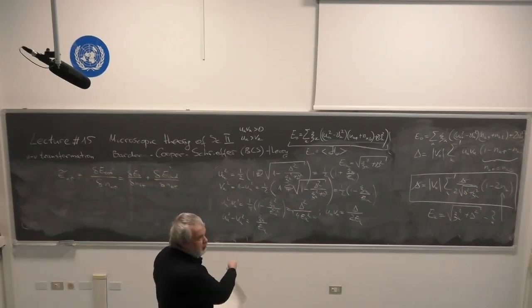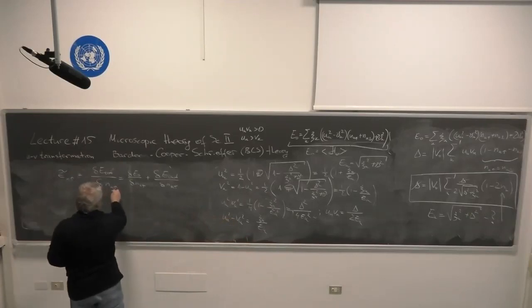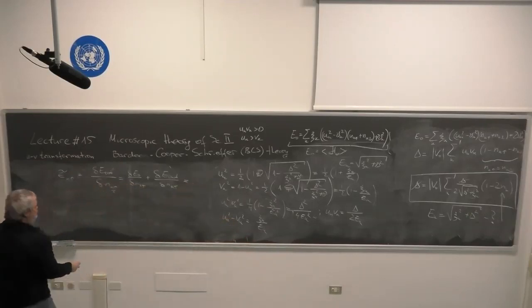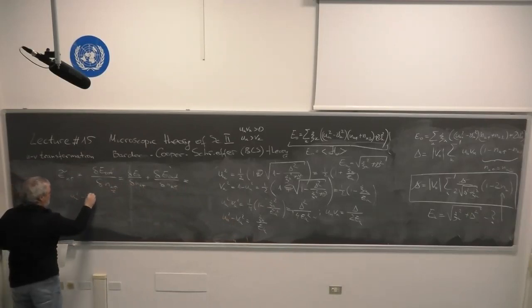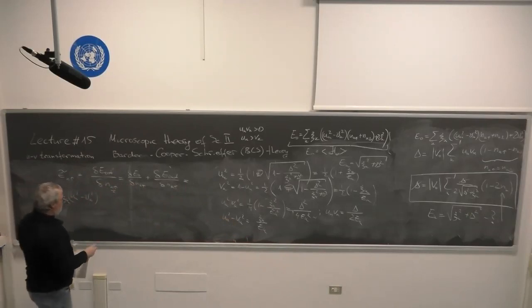But for the purpose of the illustration on the blackboard, I took n_k up. So, therefore, the first term can be easily obtained. The energy depends linearly. So this is (u_k squared minus v_k squared) times psi k. This is the first term.